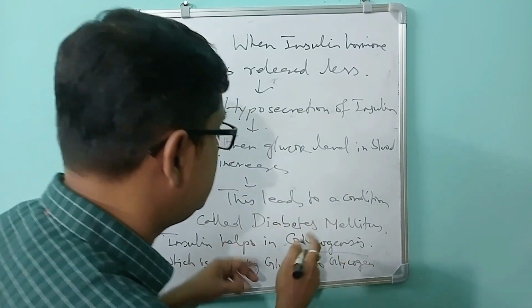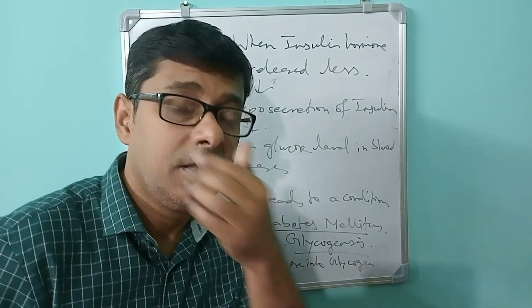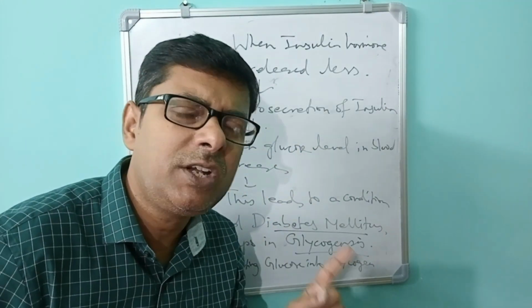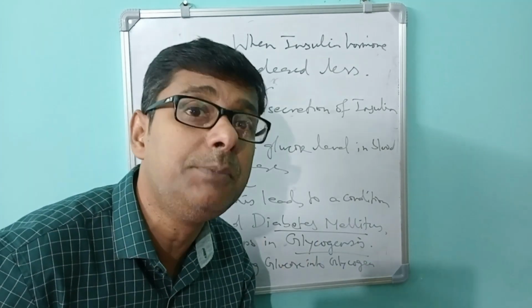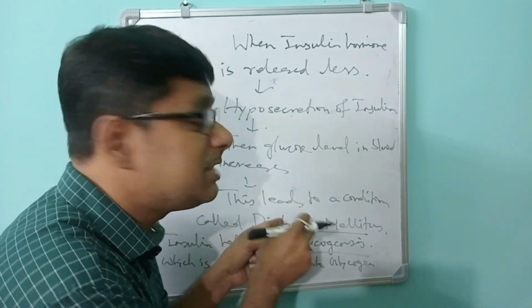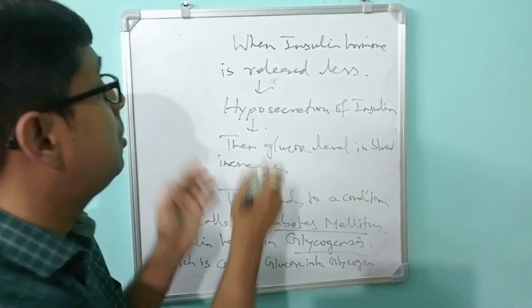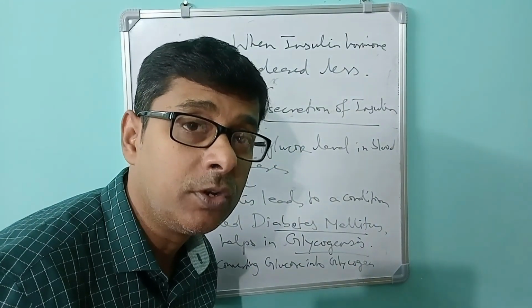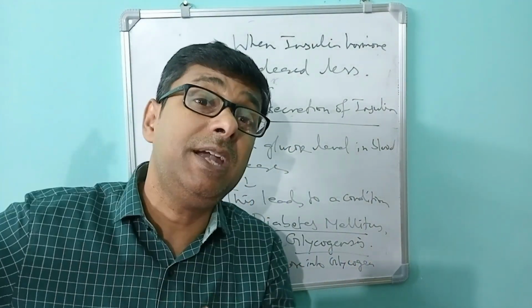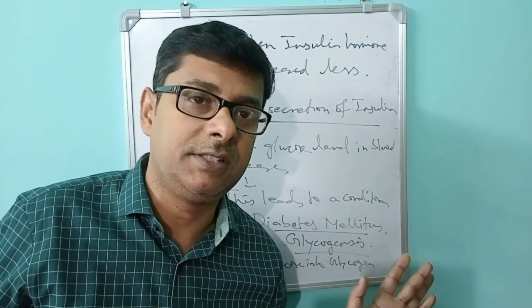What happens when insulin is less? Diabetes mellitus. Now here they can ask you, what is diabetes mellitus and diabetes insipidus? Are they the same? No. Diabetes mellitus is called blood sugar, which takes place due to the hyposecretion of insulin hormone of the pancreas. Whereas diabetes insipidus is a totally different thing.